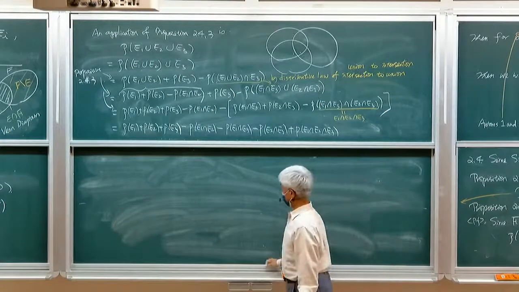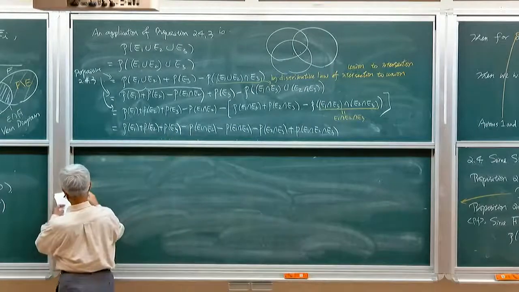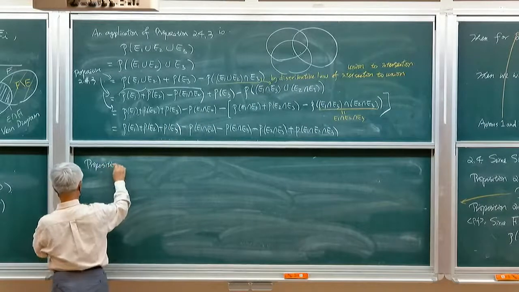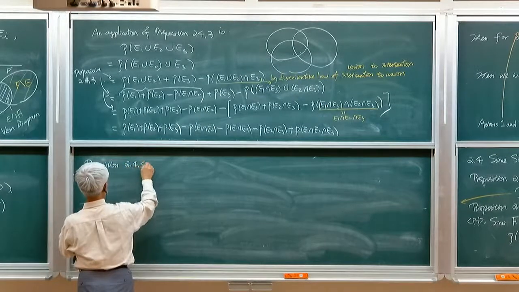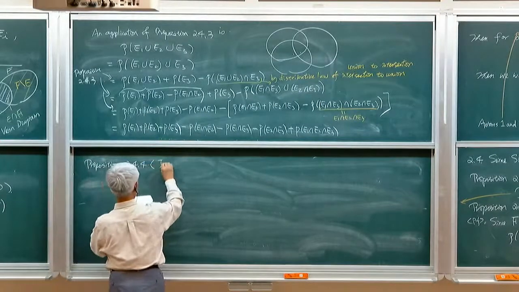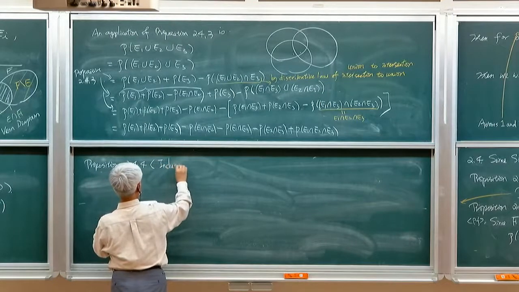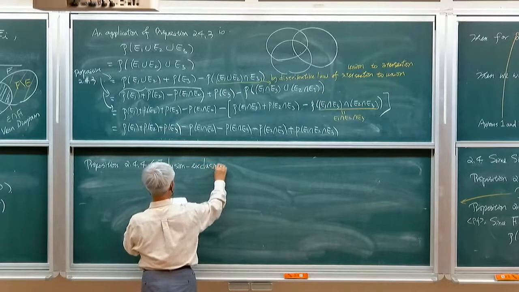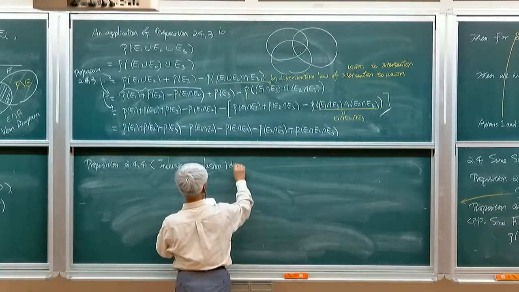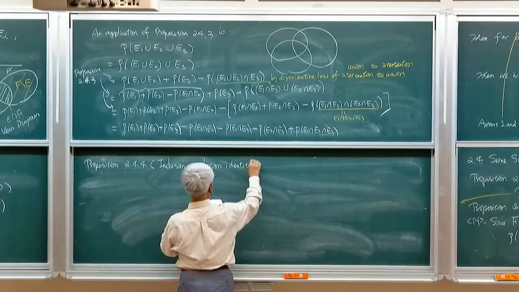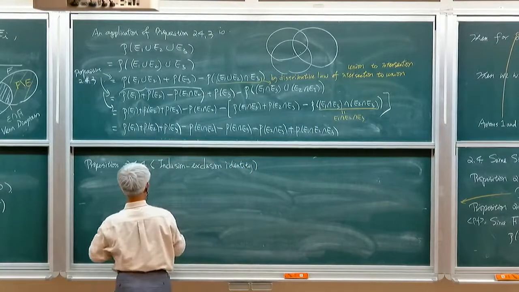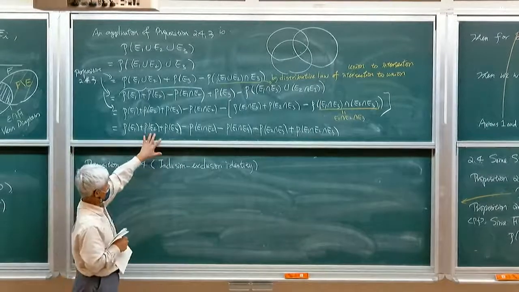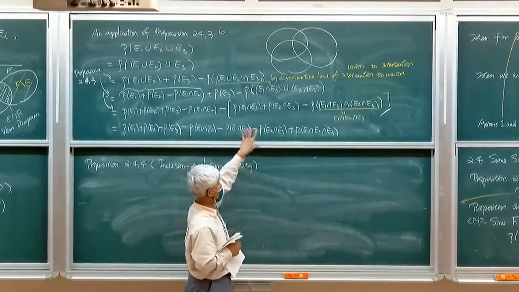With n events, that is proposition 2.4.4, which is also called the inclusion and exclusion identity. The inclusion exclusion identity says inclusion, exclusion, and then inclusion.